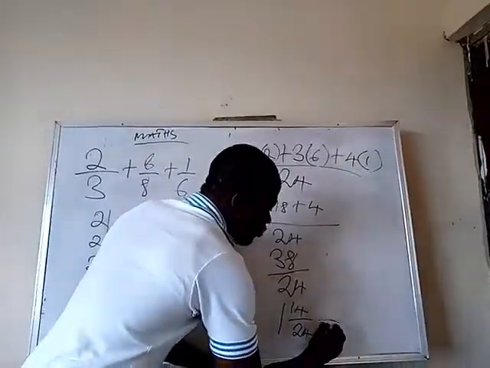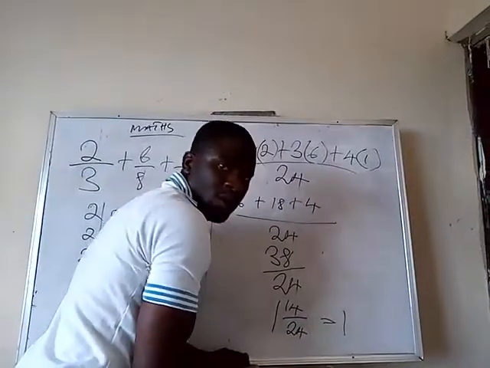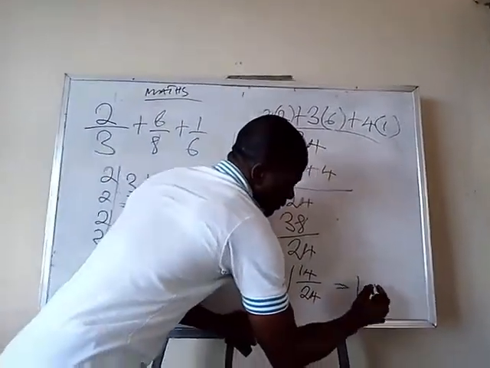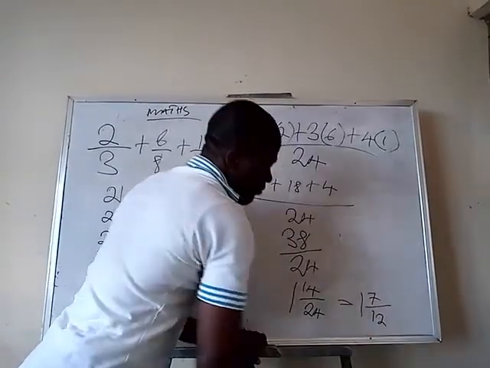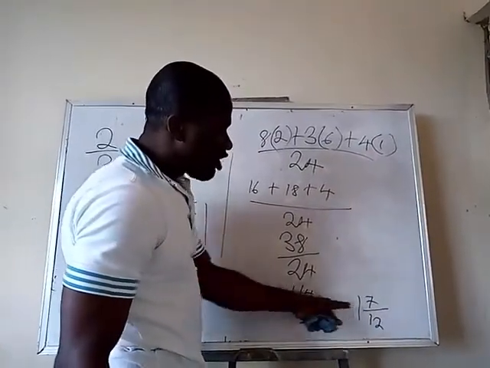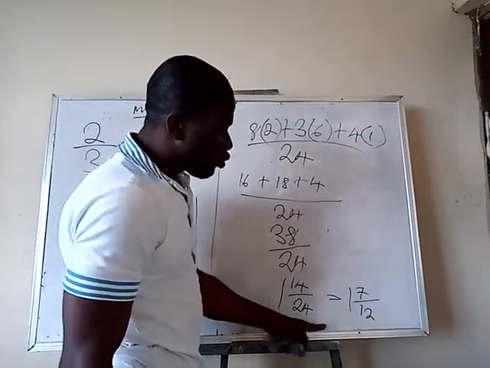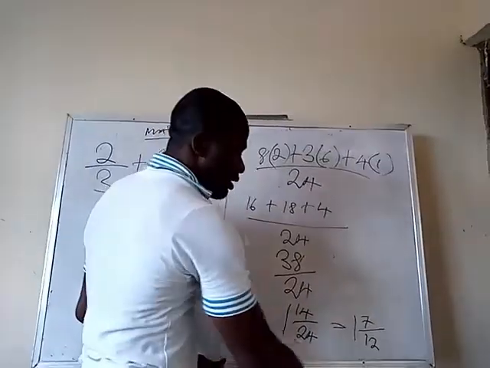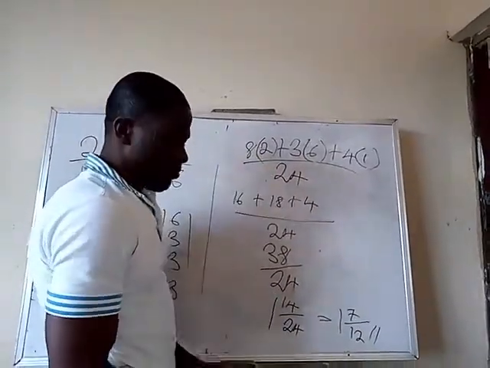You move with 2. 14 divided by 2 will give me 7, and 24 divided by 2 will give me 12. So we have 1 whole number and 7 over 12. Now this is our answer for this fraction.